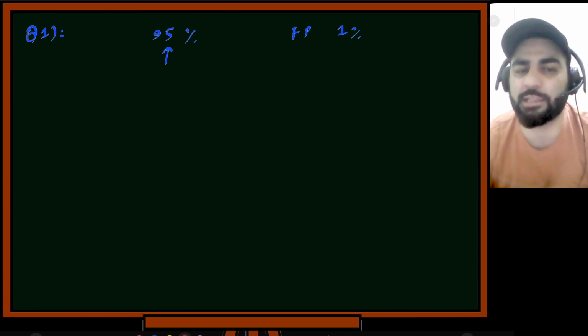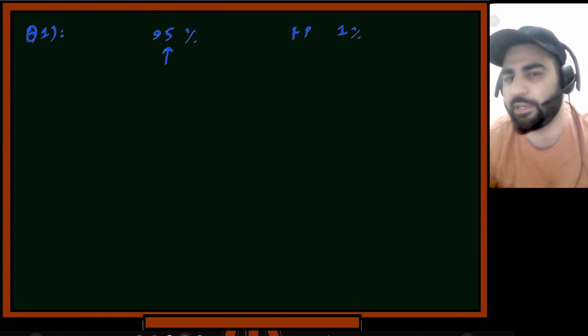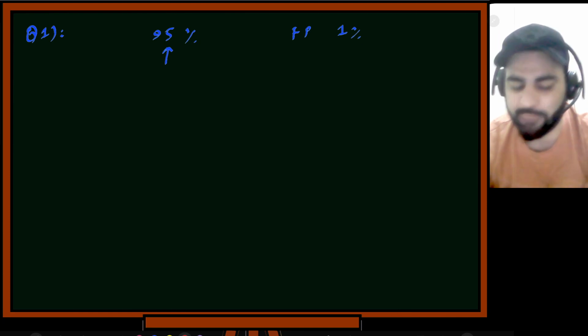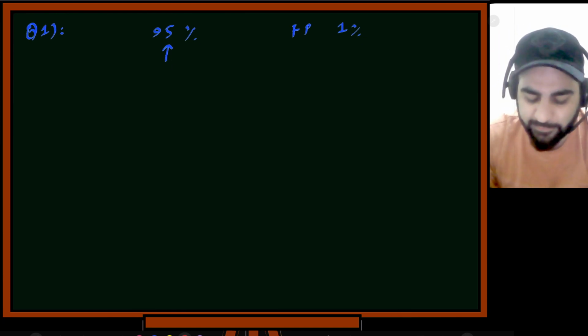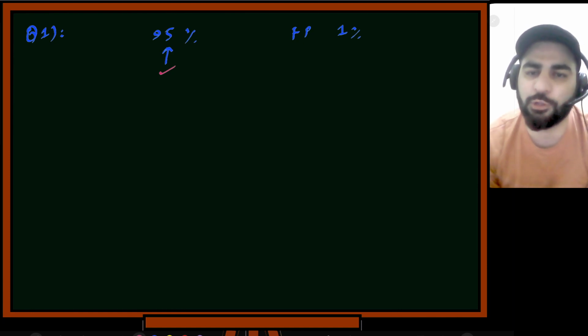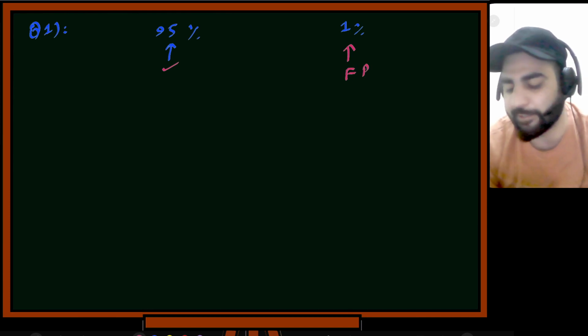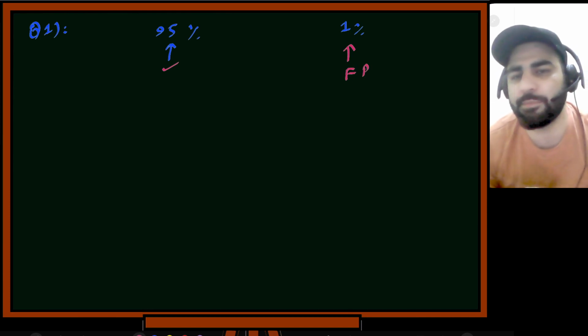A laboratory blood test is 95% effective in detecting a certain disease. That is, if there is a disease, 95% of the times the test detects that disease. However, the test also yields false positives. This is the false positive rate: 1% of the times it yields a false positive.